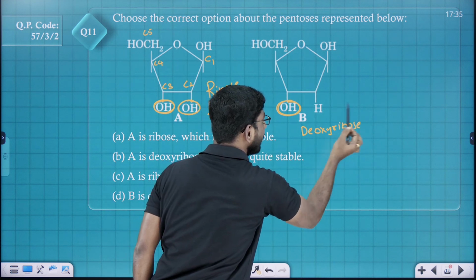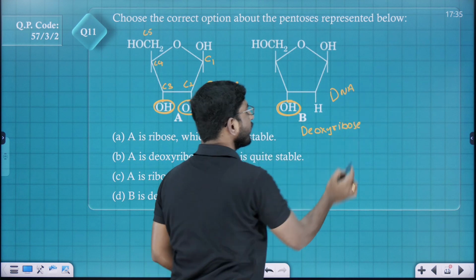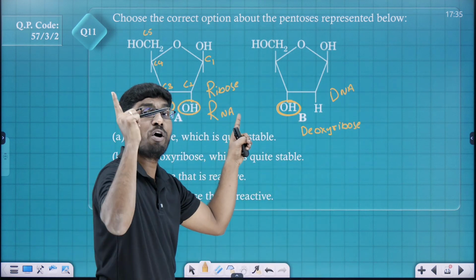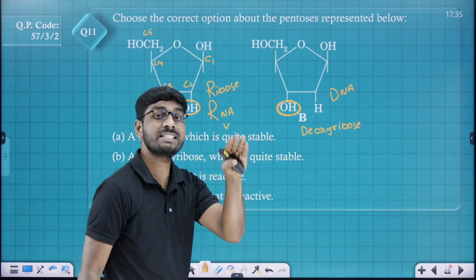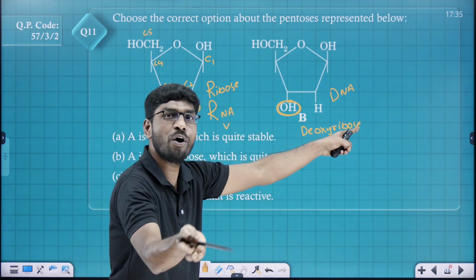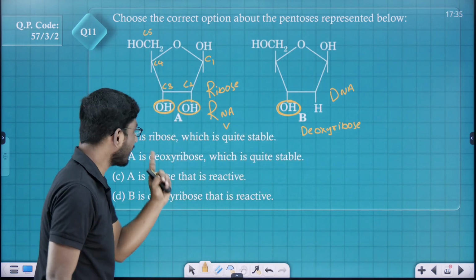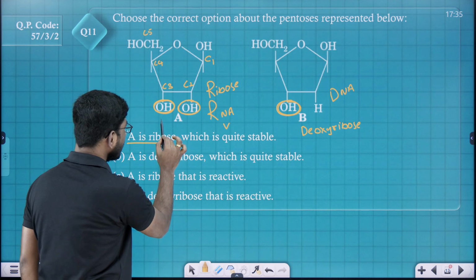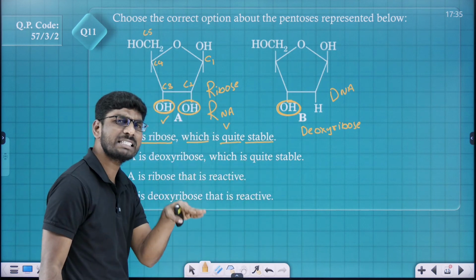Look at here, 1 oxygen less, at the 3rd carbon only OH is present. Deoxyribose sugar. This deoxyribose sugar is present in where? DNA. Out of these 2, which one is more reactive? RNA is more reactive, less stable. DNA is more stable, less reactive. Find out the correct answer, students. A is ribose, which is less stable.